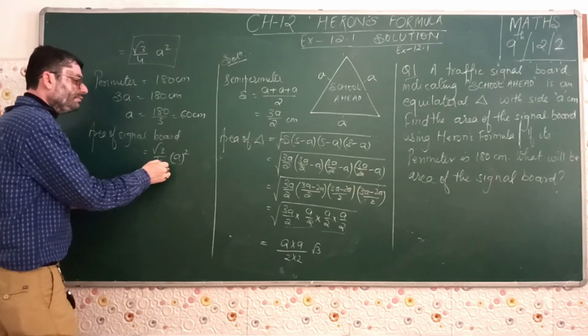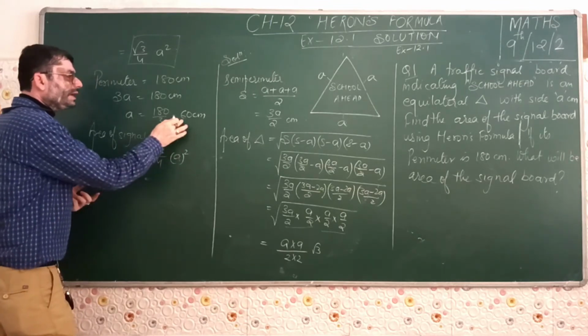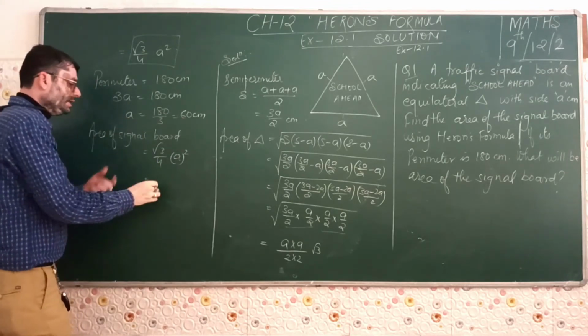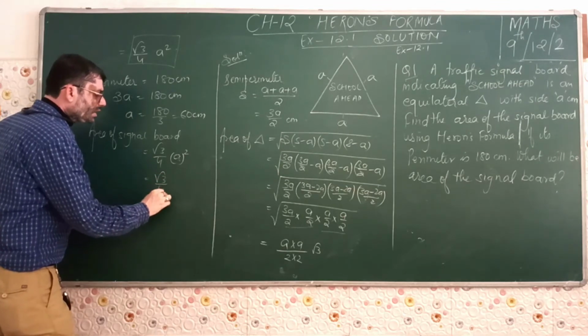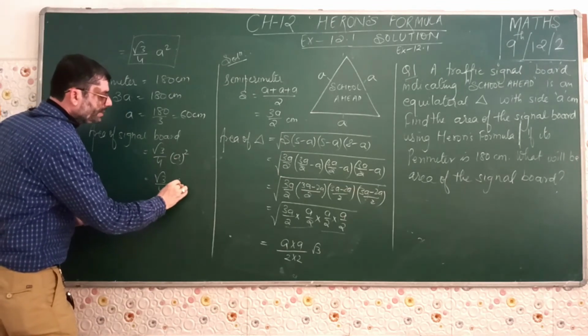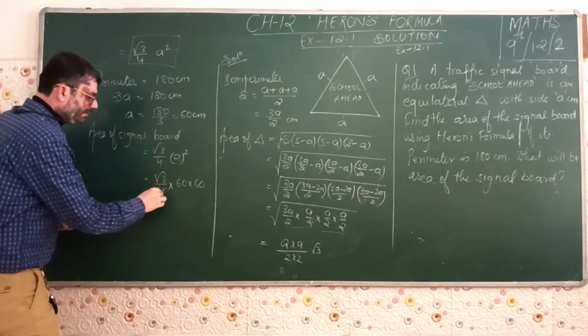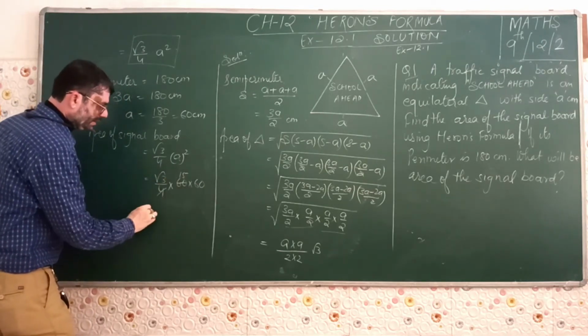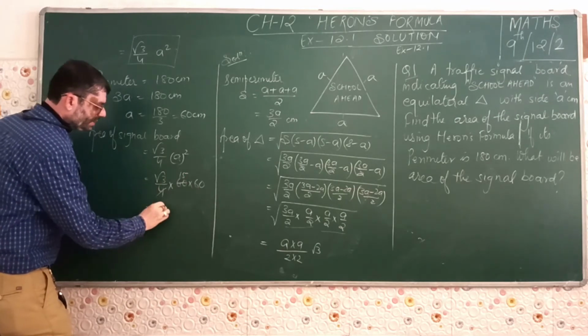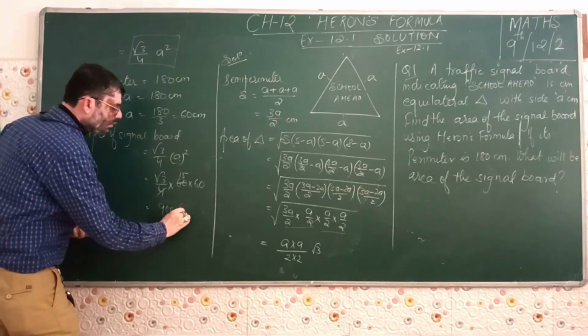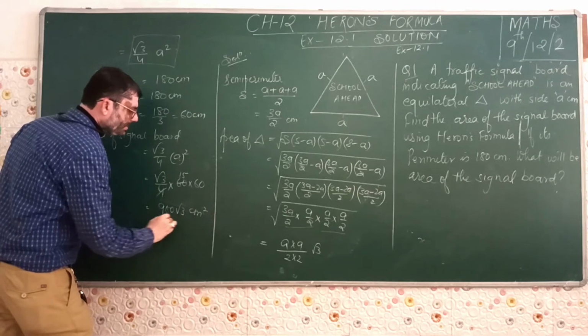So this is root 3 by 4 a square, where the value of a is 60. That too we have calculated. We just have to substitute root 3 by 4 a square means 60 into 60. And simplifying 15, so this is 60 into 15, 900 root 3 centimeter square.